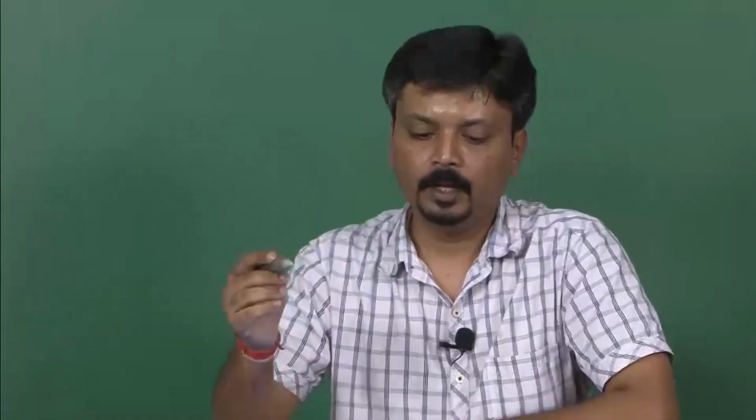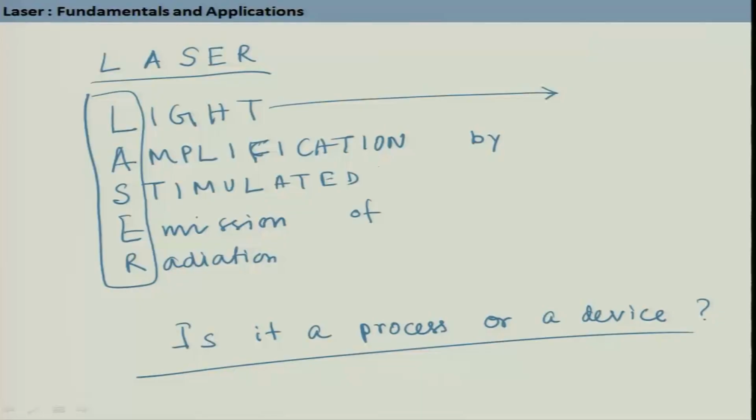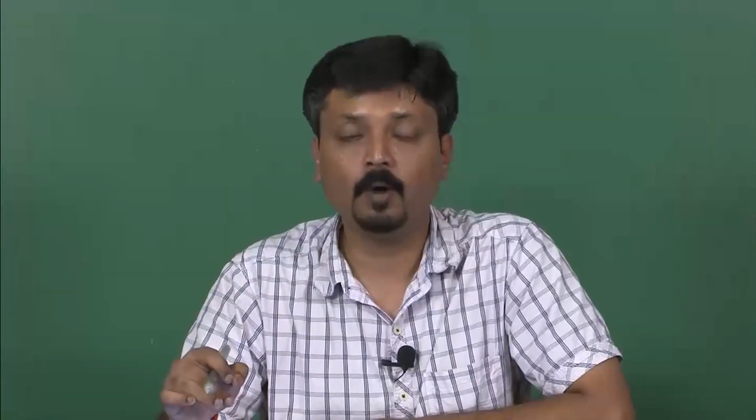So here again, coming back to this process, we have a term called light, and what kind of light, that also comes out from this particular statement, that is stimulated emission of radiation. So at least I can see that the stimulated emission of radiation, whatever that is, gives rise to some light. What kind of light? This light is amplified.